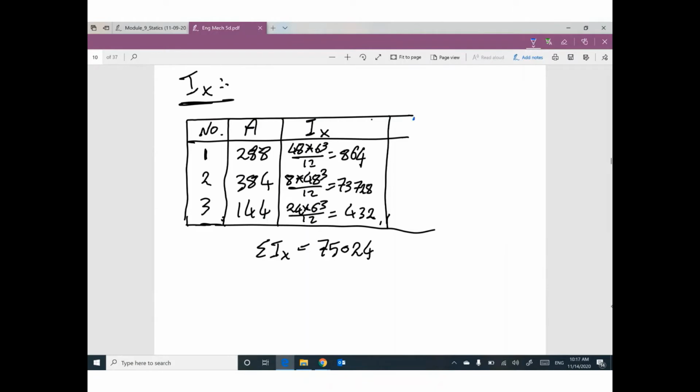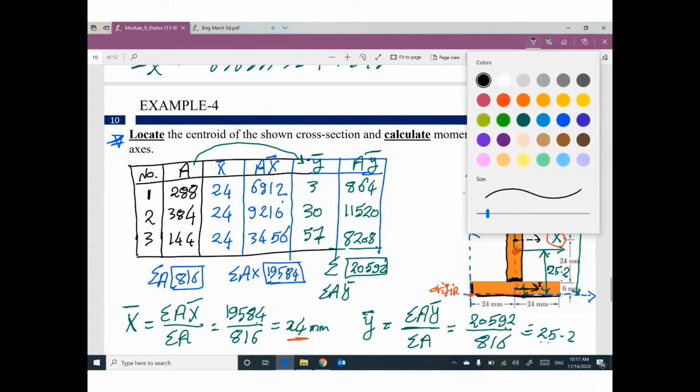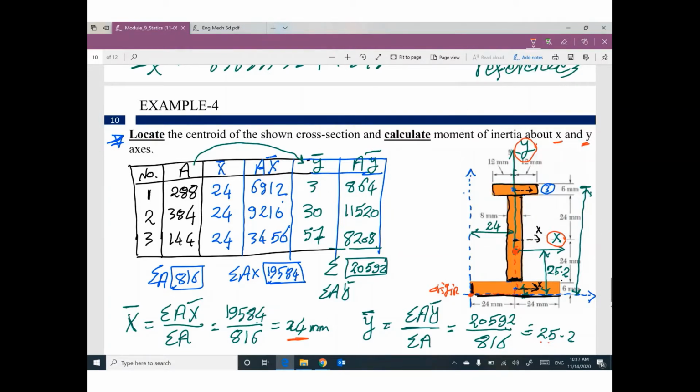What is the distance for each part? I'm sorry, what do you mean by distance? Okay. For part number 1, I assumed x-axis here. But actually, the real x-axis for the whole cross section is here.